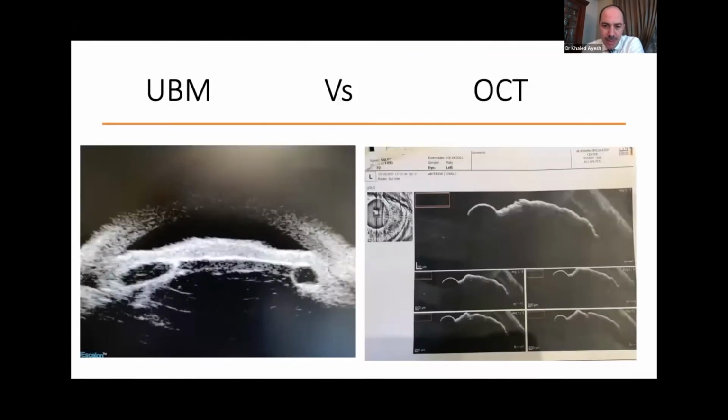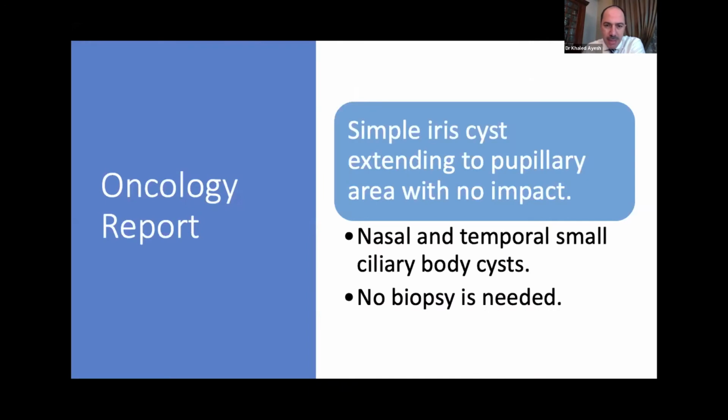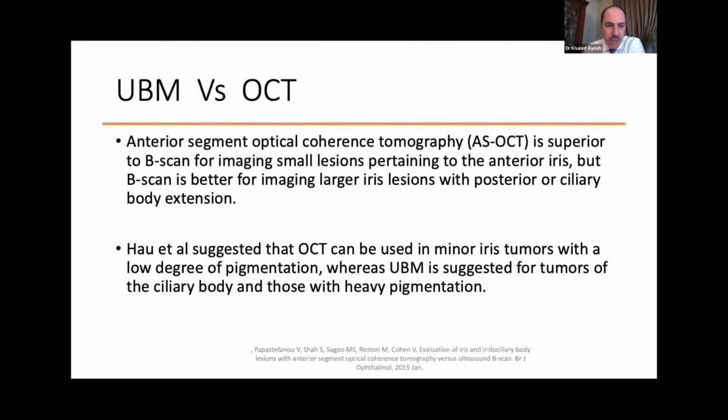If we compare the UBM with the OCT, we can see how much more detail UBM gives and a more confident diagnosis of what we are facing. So this patient has multiple lesions in the iris, and his report came that this is just a simple iris cyst extending to the pupillary area with no impact. And there is also a nasal and temporal ciliary body cyst. And he recommended that no biopsy is needed in such a case.